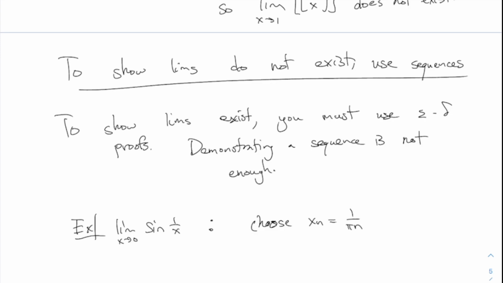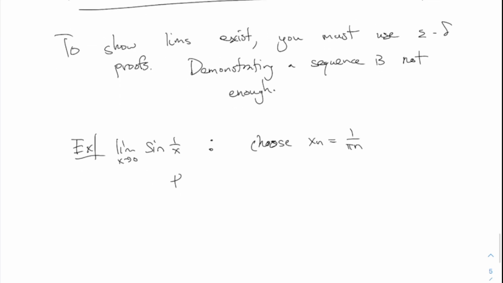This is one of the ideas that we discussed before. Then f of xn, if you recall, equaled sine of pi n, which is the sequence 0, 0, 0, 0, which converges, right? So in this example, the sequence converges, but the original function does not.